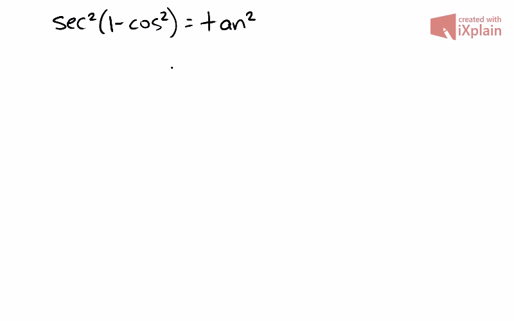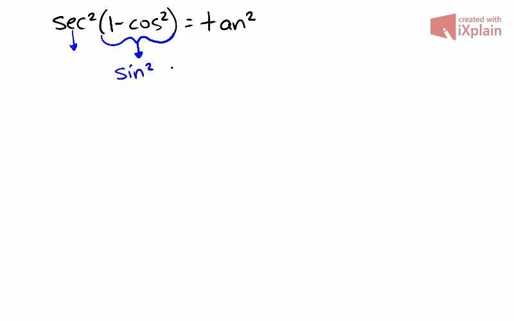You can distribute the secant into both of these, but that's just, in my honest opinion, more work. If you'll look on your identity sheet, 1 minus cosine squared, that's on your identity sheet. That equals sine squared. So that kind of takes that out in one step. Now bring down the secant, or the secant squared.